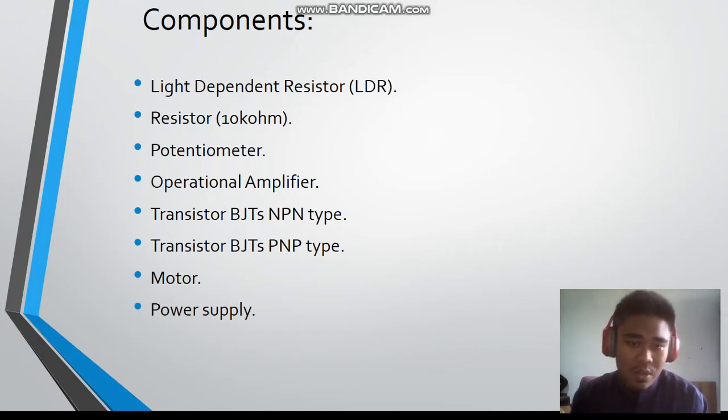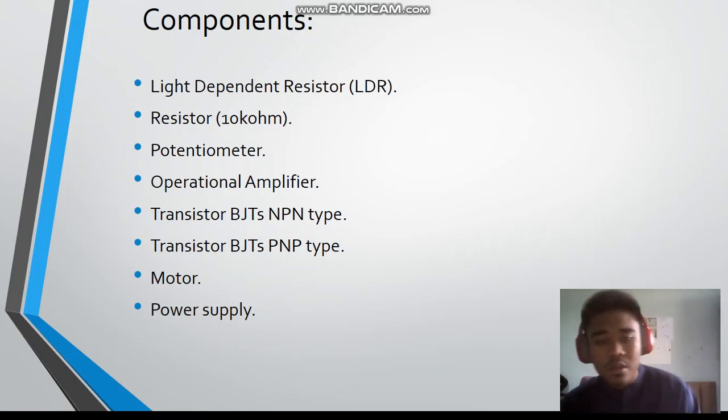Next is the operational amplifier. The operational amplifier in this project is used as a voltage comparator, because the op-amp compares the voltage at input pin number 2 and input pin number 3, and the highest voltage value will be selected and sent to the output.